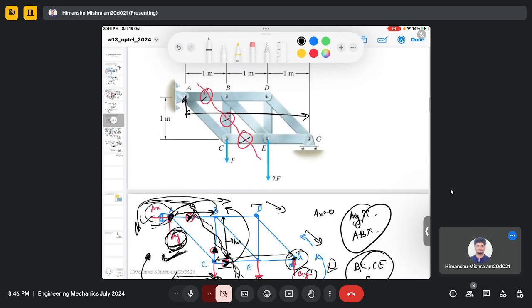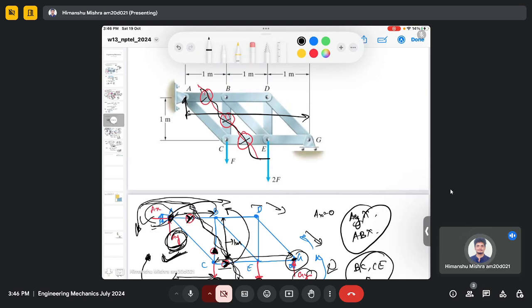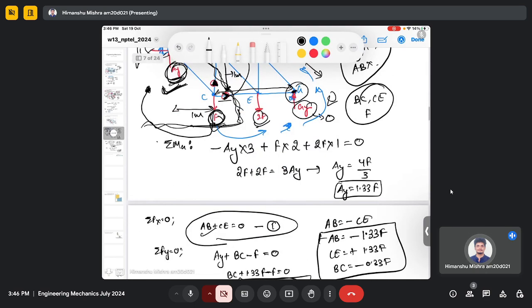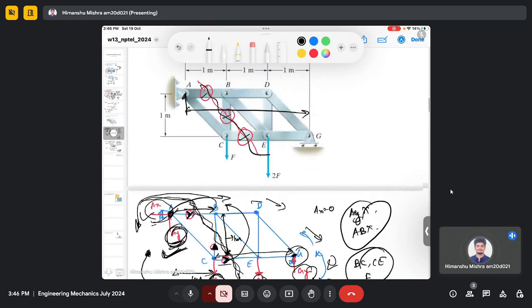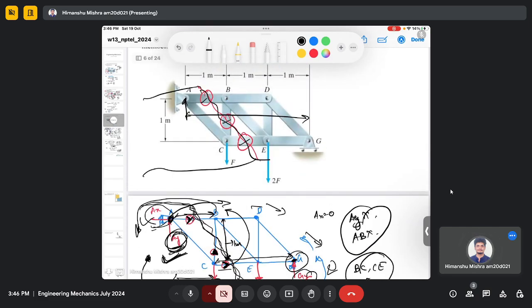Here we split across AB, BC and CE because these are the 3 unknown forces we need to find. So we split across these members, and then we use the force balance and moment balance analysis at the left side of this split, to calculate the unknown forces.